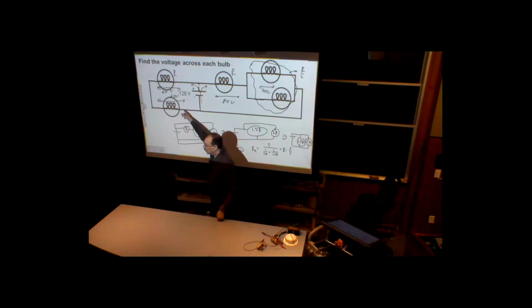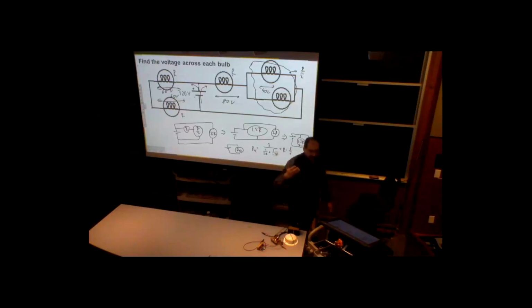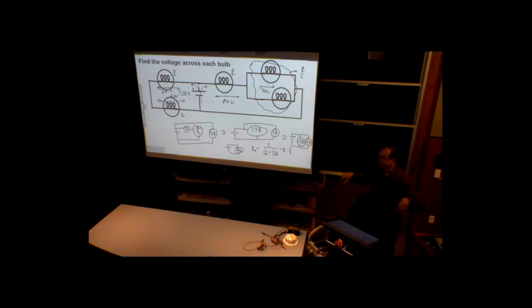If you cut this wire, what's going to happen? You will take out a part of the circuit. And how does it affect the equivalent resistance? Only this part is left. And the equivalent resistance of this part is actually higher than the equivalent resistance of the whole 5 bulbs. So the equivalent resistance goes up. Current provided by the battery goes down.